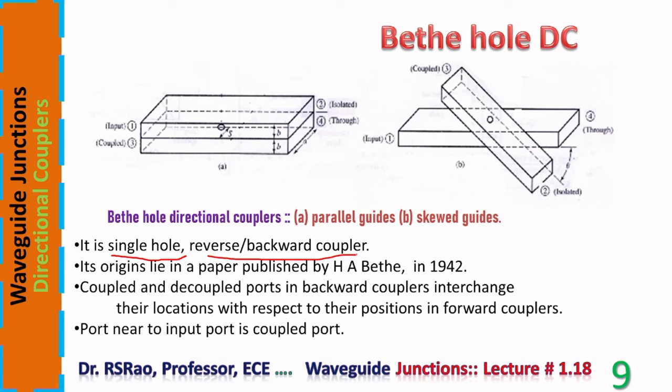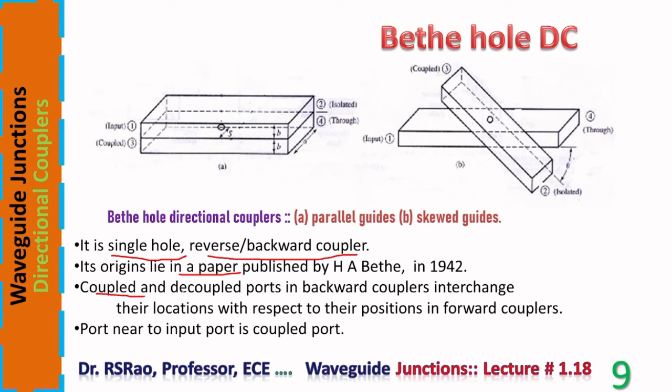The origins of these couplers lie in a paper published by H.A. Bethe in 1942. It is a stark difference as far as port locations are concerned between forward couplers and reverse couplers.